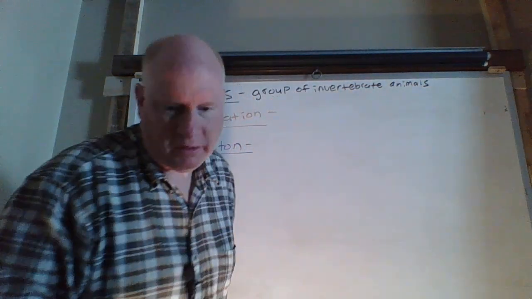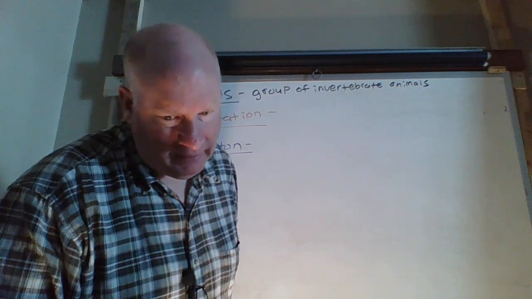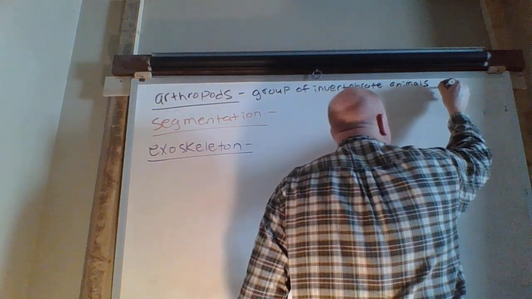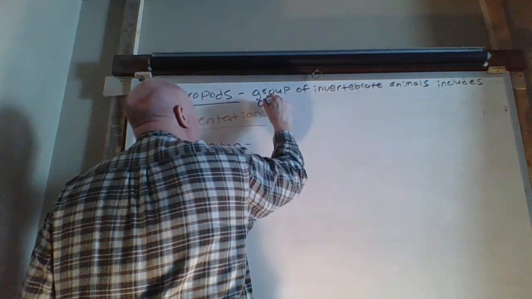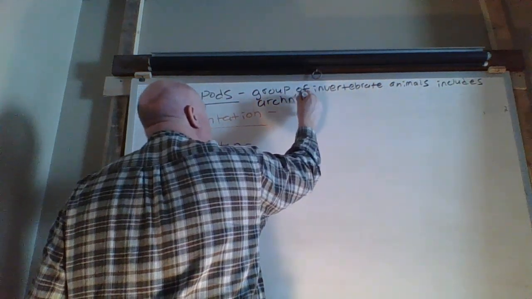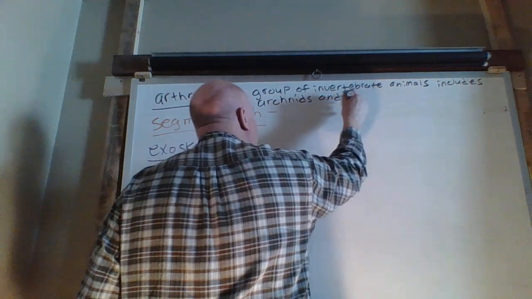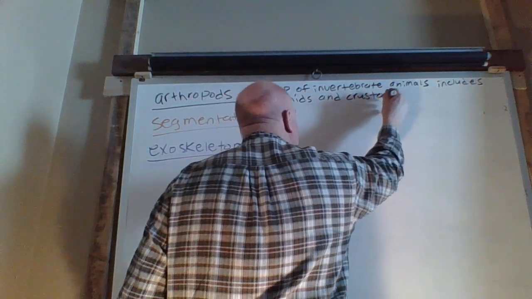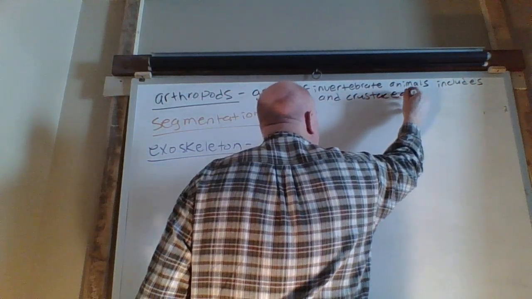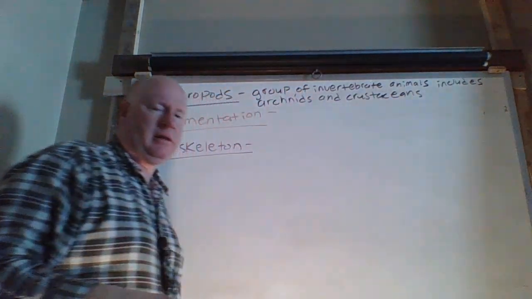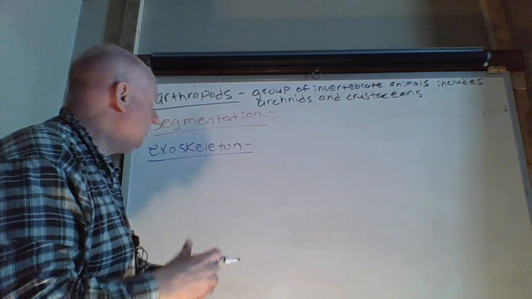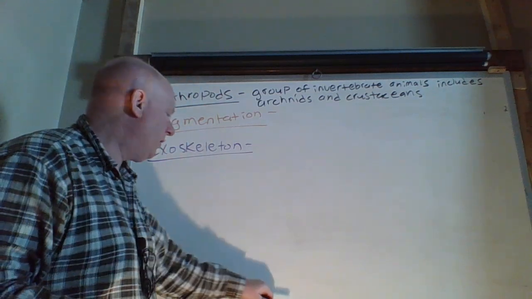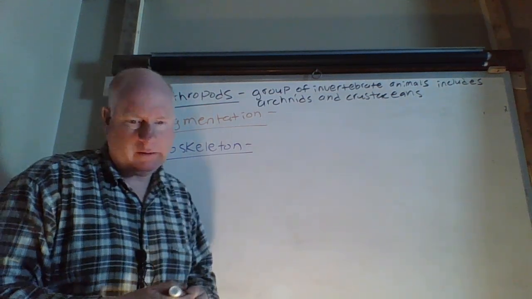Should have left a little more space, I think. Includes arachnids and crustaceans. Okay, that would also include insects. Of course, you could say millipedes, centipedes, those will also be considered as arthropods, so you wouldn't be wrong if you were to say that as well.